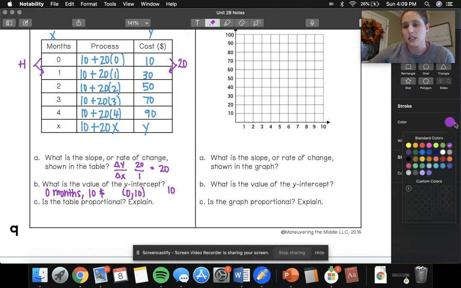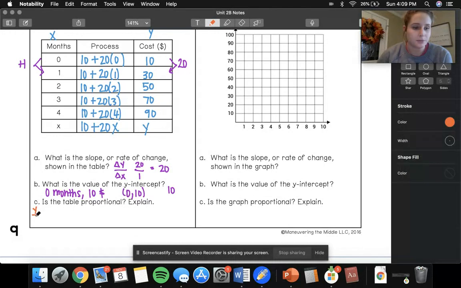Then the last question is, is this table proportional? So again, to check if something's proportional from 7th grade, we just check our ratios. Okay, so I'm going to check all of our ratios, y to x. I'm not going to do the 0 month because that one's kind of weird. So I'm going to do $30 for 1 month, $50 for 2 months, $70 for 3 months, $90 for 4 months, okay?